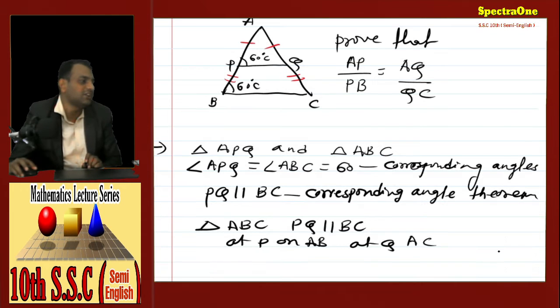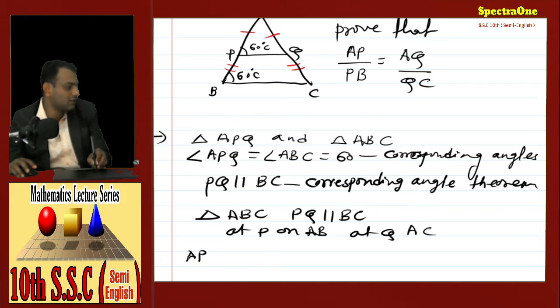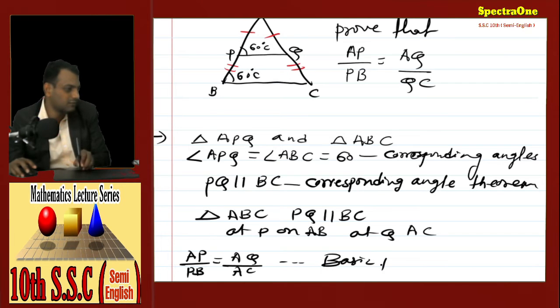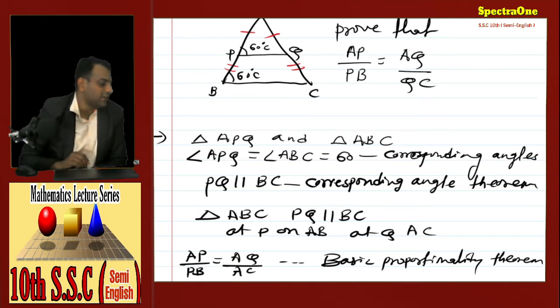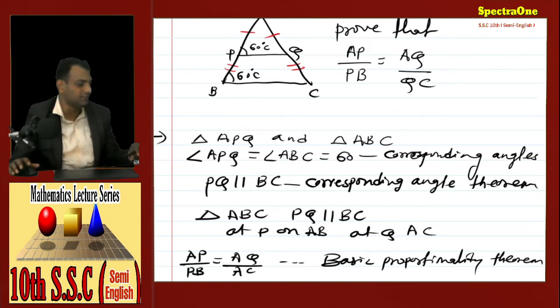So, according to the basic proportionality theorem, AP upon PB is equal to AQ upon QC. Okay, a very simple example based on the basic proportionality theorem.